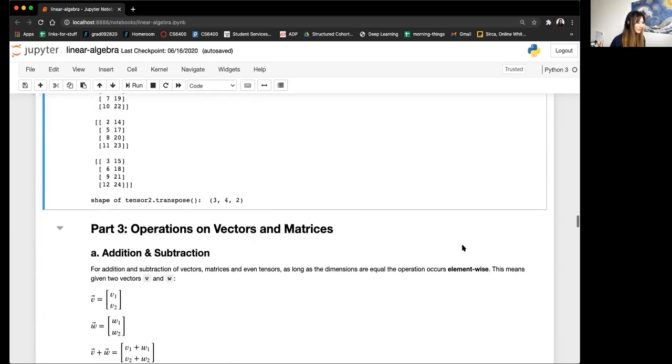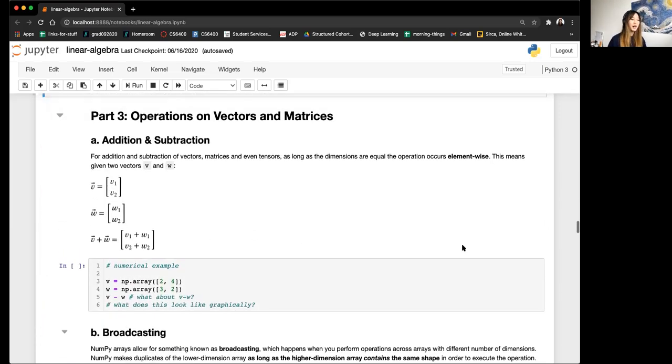All right, really quickly, some operations on vectors and matrices. We'll start with addition and subtraction. For addition and subtraction of vectors, matrices, and tensors, as long as the dimensions are equal, the operation will occur element-wise. So if I have this vector here and this vector here, and I take the sum or the difference between them, you will do it element-wise.